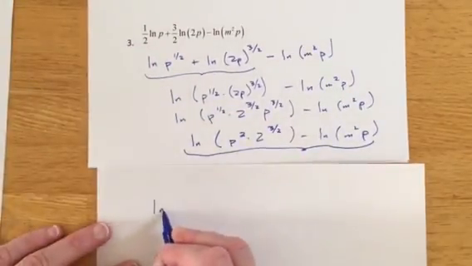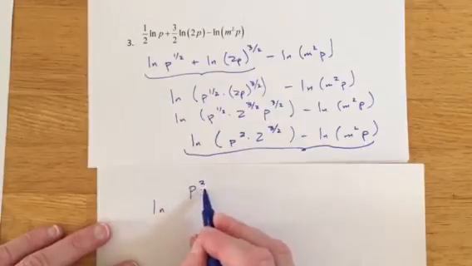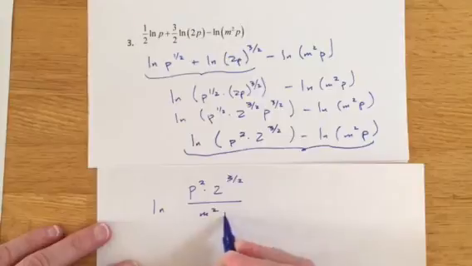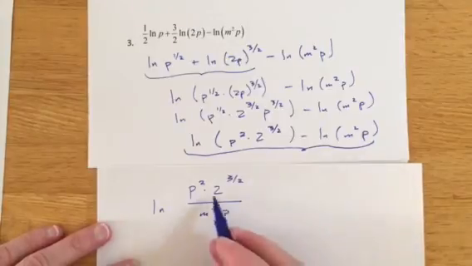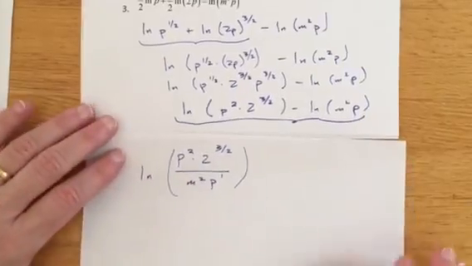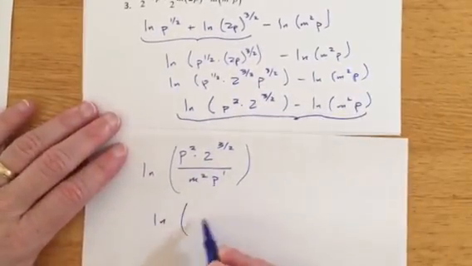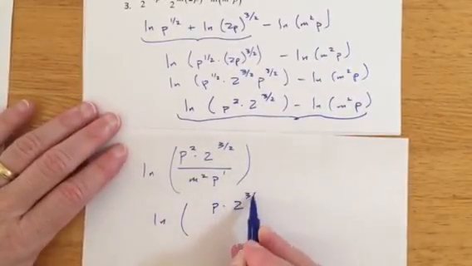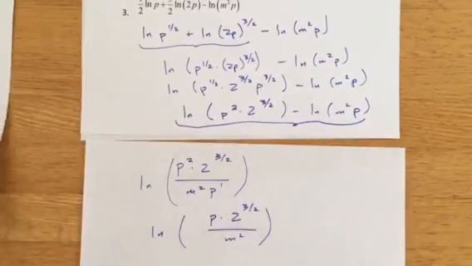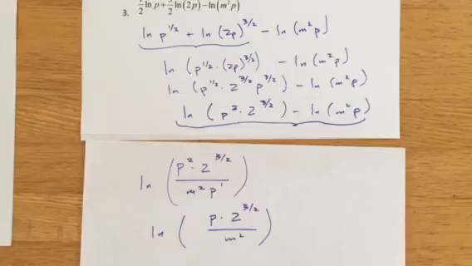Log minus log becomes 1 log divided. So I have p squared 2 to the 3/2 over m squared p. And I can cancel a little bit. I have a p squared on top, a p to the first in the bottom. And so that would just be a p up on top. And it would wind up like this.